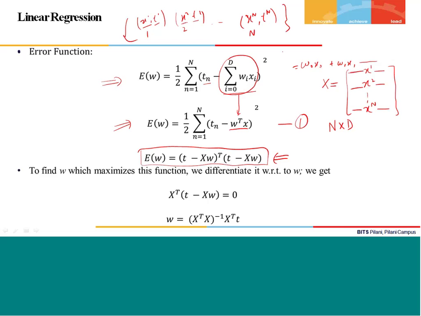The width of this is, because each input is a vector, this is my first component, this is my second component, this is my third component, and up to this is my dth component, right? So this matrix is of size n into d.